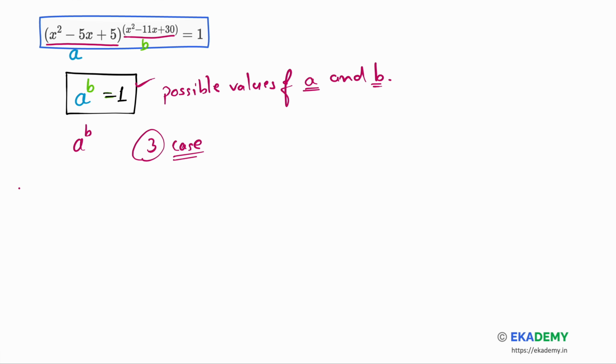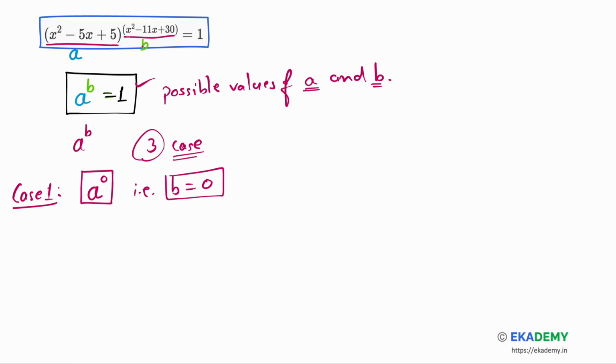So case 1 would be a raised to the power 0. A raised to the power 0, that means b equals 0, right? If I make b equal to 0, then this whole thing will become 1, right? A raised to the power 0 is 1, which satisfies this equation and ultimately this equation.